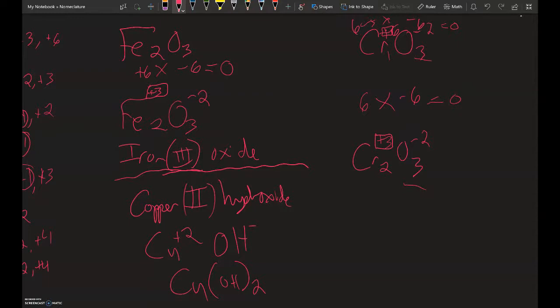So the name for the top one would be chromium(VI) oxide, and the one on the bottom would be chromium(III) oxide.